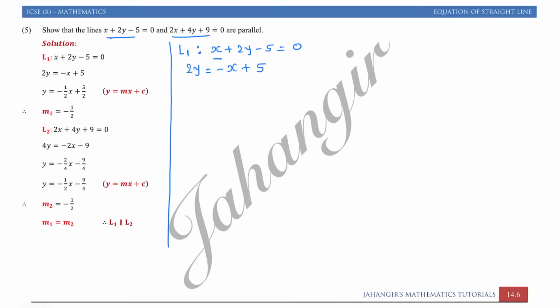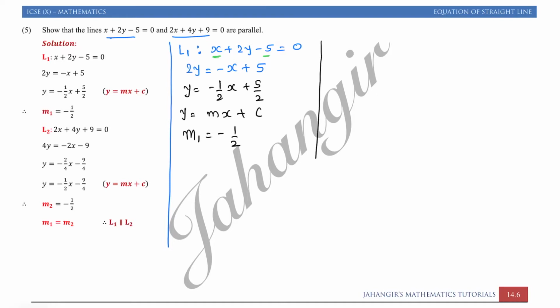Just x and 5 we can shift to the other side. Now y is equal to -1 by 2 x + 5 by 2. We are just dividing all terms by 2. So comparing it with y = mx + c, we can say the slope of line 1, that is m1, is -1 by 2.